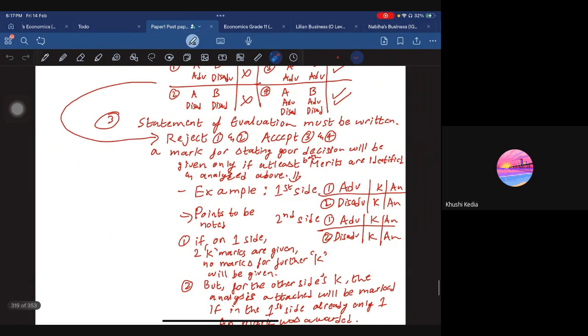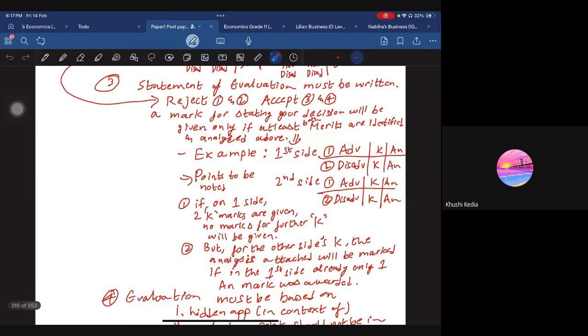Now, points to be noted. If on one side two knowledge marks are given, let's suppose here 1 mark is given and here 1 mark is already given, right? Yes, sir. No marks for further knowledge will be given, not here and not here.